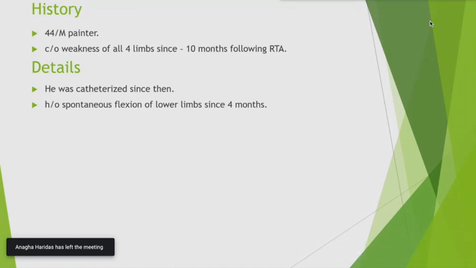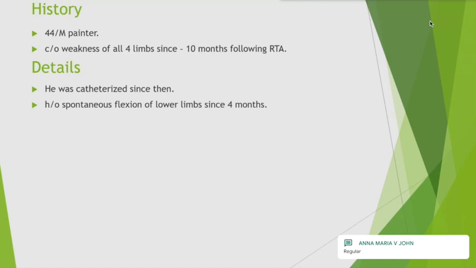What is fasciculation? They are involuntary rhythmic movements seen in a muscle, firing of a motor unit. So what is the meaning of rhythmic? Occurring one after the other in a regular pattern.